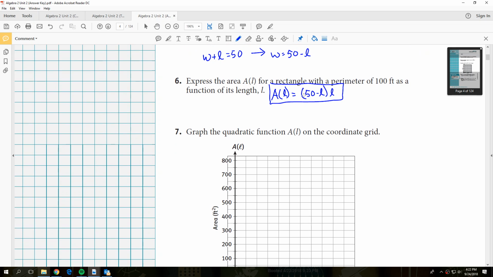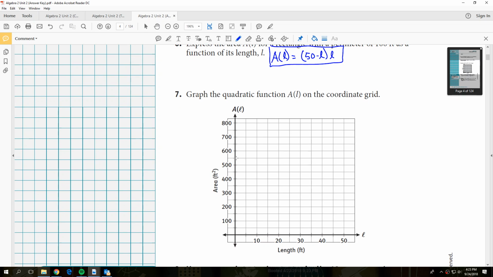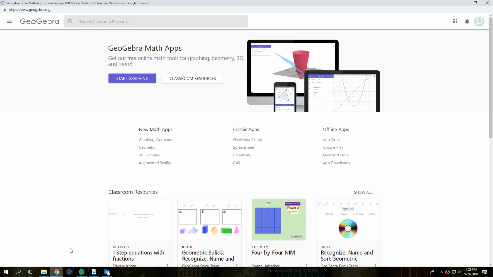So anyway, let's go ahead and graph this thing. Now I don't have the TI-83 software installed on this computer, so I'm going to graph it on what's called Algebra. Not this one.